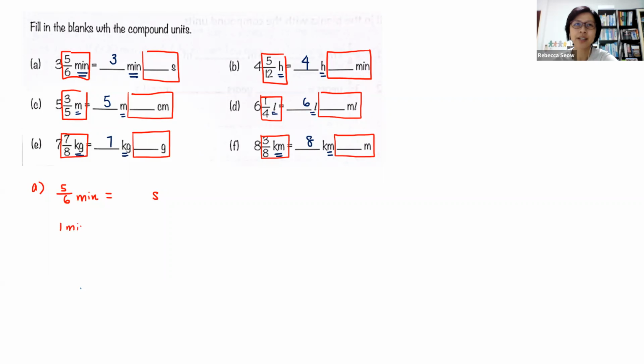So we write down the initial conversion. 1 minute equals 60 seconds. Instead of 1 minute, I'm going to replace it with 5 out of 6 minutes. And I multiply 5 out of 6 with 60 to get the conversion.